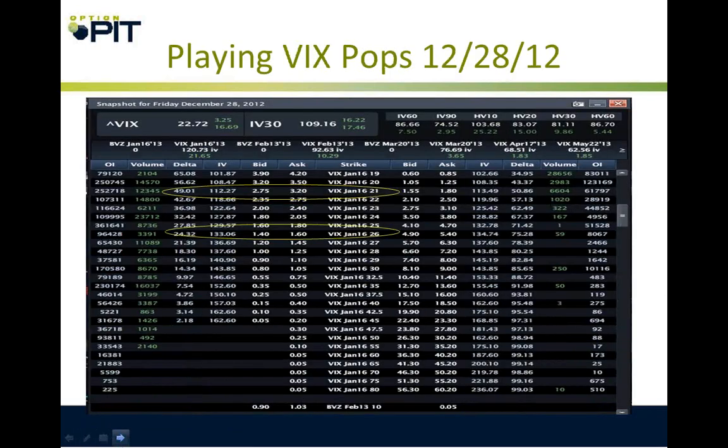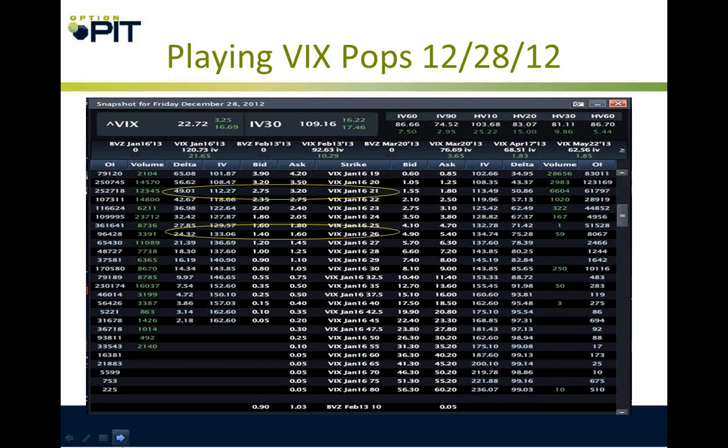All right, so playing VIX pops. This is an old one from 12/20 to 12/28/2012, right as traders are worried that Congress might bail on, is the U.S. going to, quote unquote, default?